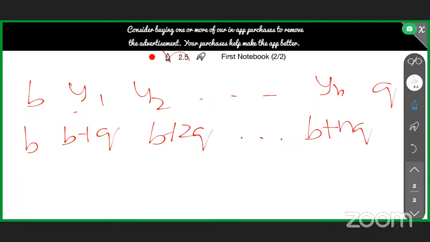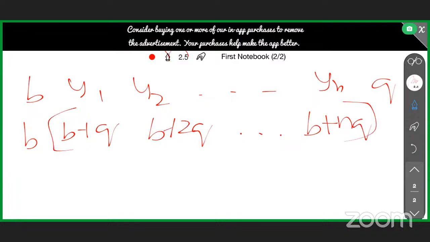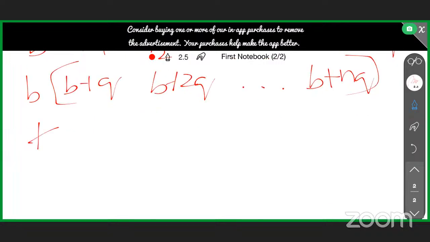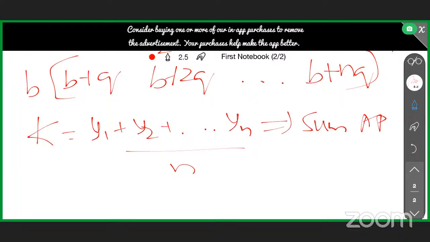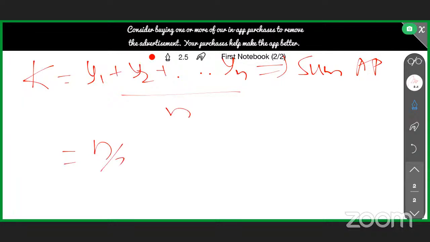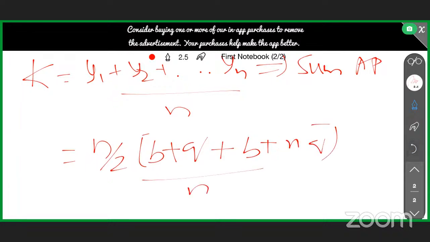So I'll take the series again. The k value will become y1 plus y2 plus and so on till yn, by n. This is nothing but the sum to n terms in an AP, so I will use the second formula: n by 2 into (2b plus (n minus 1)q), whole divided by n.